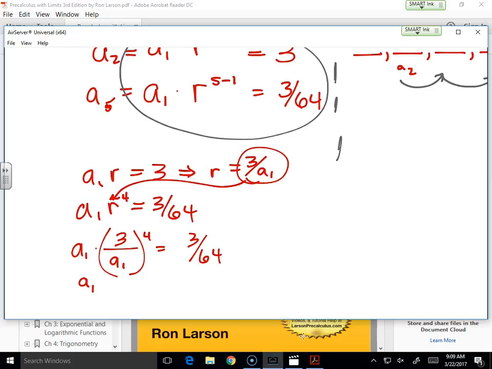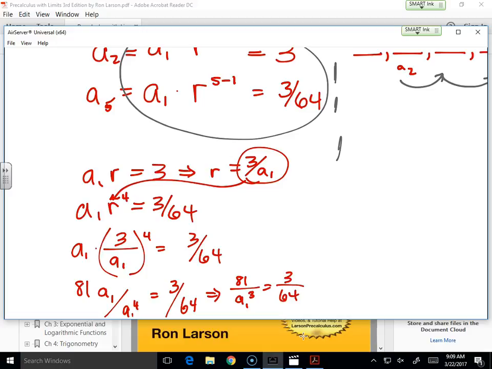Someone had to find that. 3 squared times 3 squared, or 9 times 9, there we go. We'll have 81, a to the 1 over a to the 1 to the 4th power. How can I reduce those a to the 1s? Yeah, I can simplify, right? I can reduce. So I'm going to have 81 all over a sub 1 cubed equals 3 over 64.